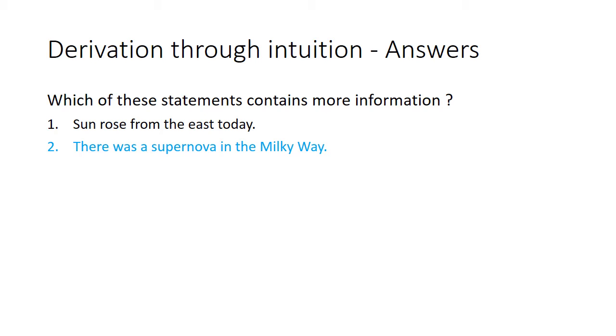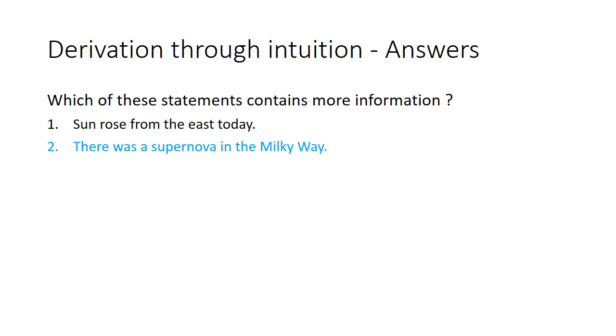I don't know the real probability of it, but the point is that it's a very unlikely event. And therefore, if that event happens, we know something huge has happened, right? So we know a lot of information. The fact that an improbable event has happened means that we have gained a lot of information.